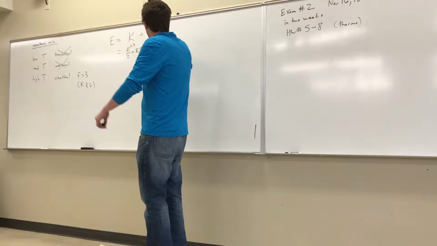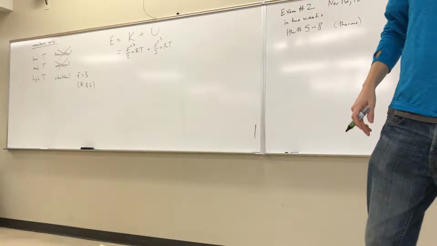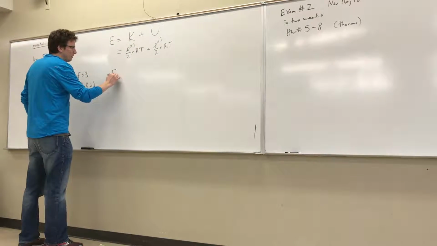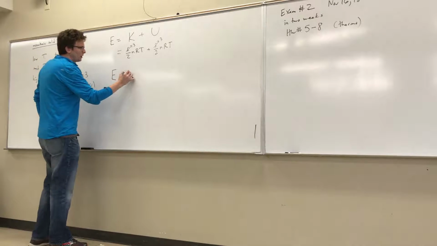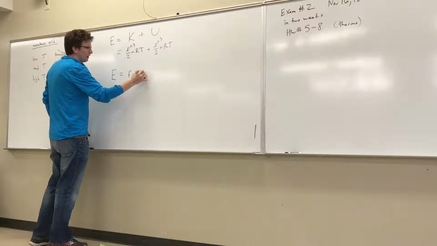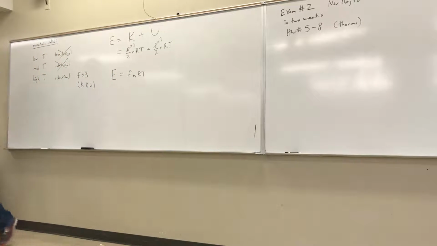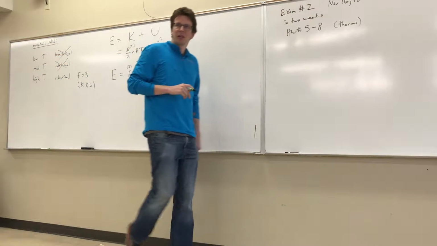So we get another bit of energy from the potential energy. So then, if we add these two together, we get F times nRT, and the F here would be 3. So the halves went away because I just combined them, okay? So again, F is 3, but I don't want to put it in quite yet.